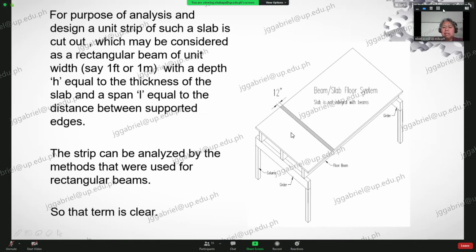Ito yung L natin. Okay? From here up to there. The strip can be analyzed by the methods that were used for rectangular beams. Okay? So it says here, so that term is clear. Yun ang way of designing natin ng one-way slab.